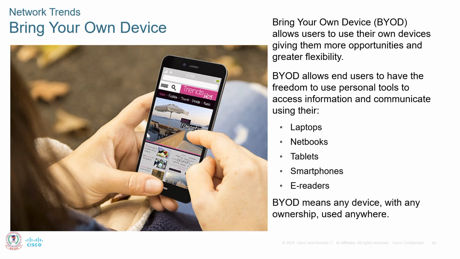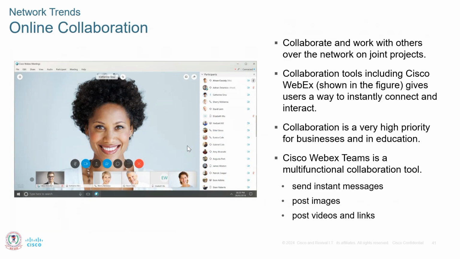Internet of Things is coming up where gadgets will be connecting to the internet, not only laptops. Now we have fans, we have TVs, we have a lot of things that are able to connect to the internet. So as technology goes on, gadgets are being produced or upgraded to carry out a particular task based on the season. So now we are going to look at the next, online collaboration.